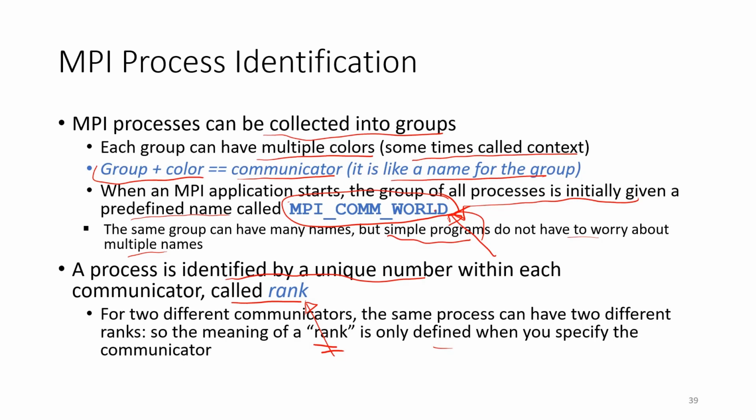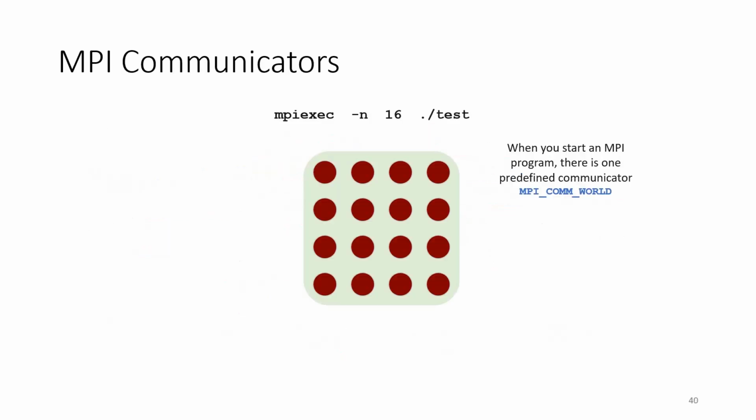Let's see this in a diagram. Suppose you executed your code on 16 different machines. You will end up having 16 different processes. They all belong to this predefined communicator that is called MPI world. Until now, everything is fine.